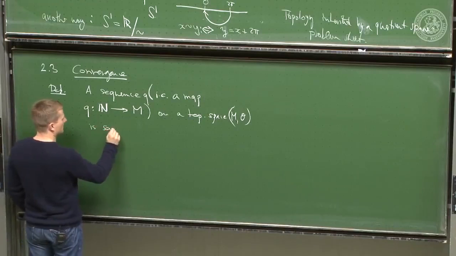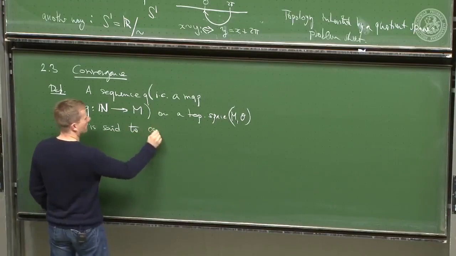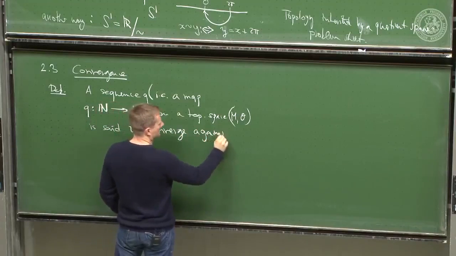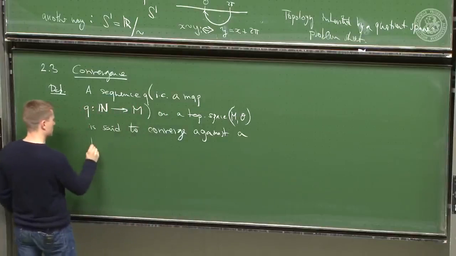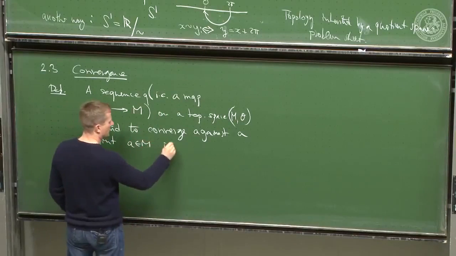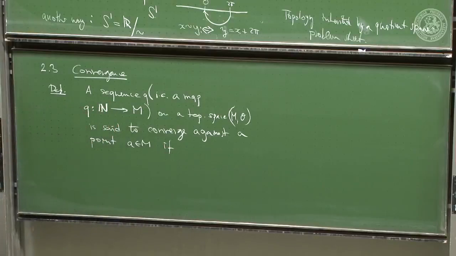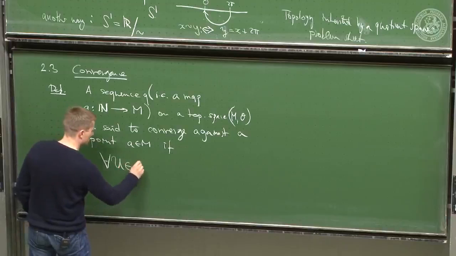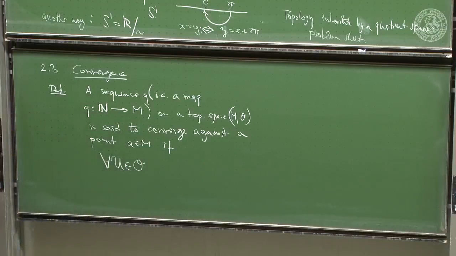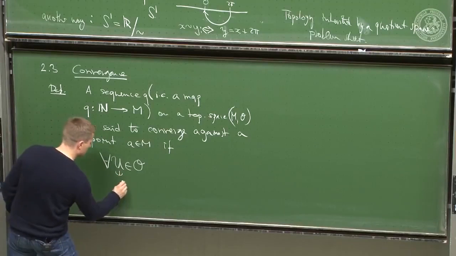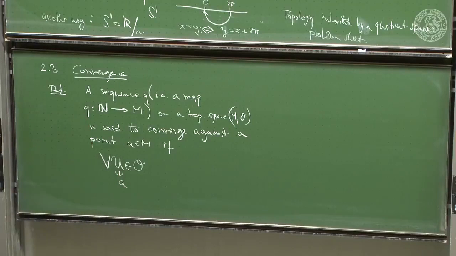A sequence Q is said to converge against a point A in M if for every open set in M, for every U in O that contains the point A, that contains the limit point.